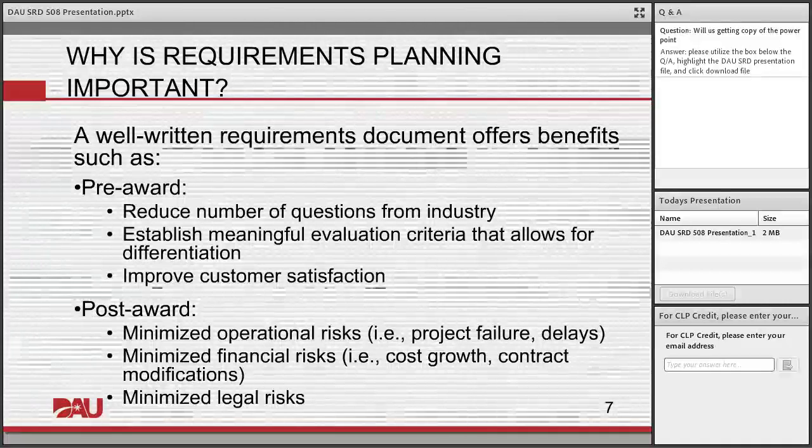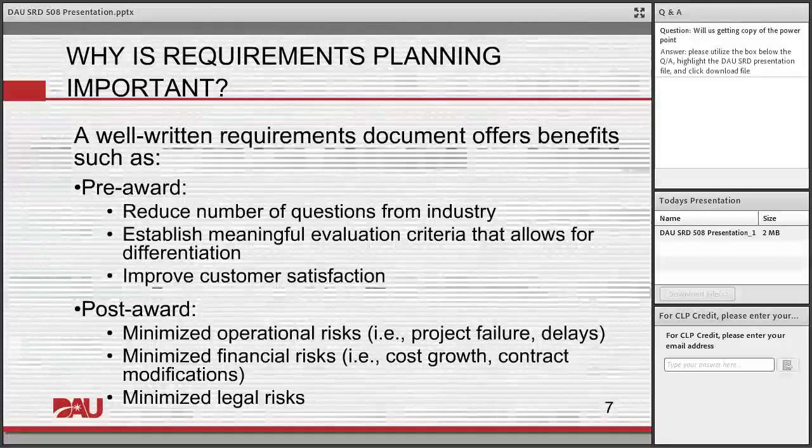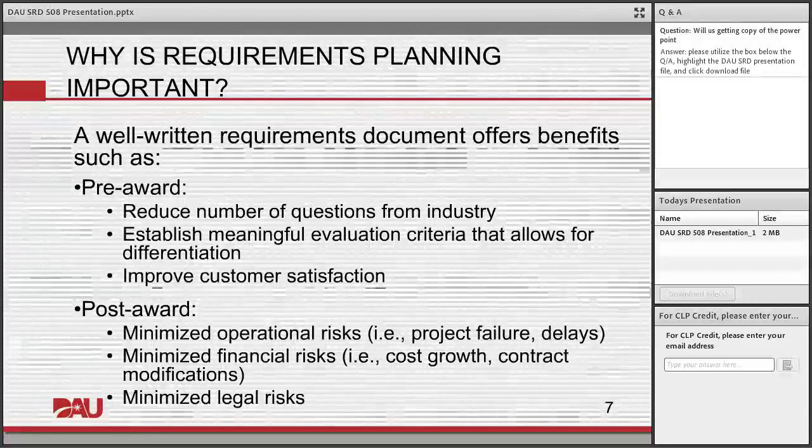So there are always ways that we can make things better and improve our package requirements. In a pre-award environment, a well-written requirements document will lead to fewer questions from industry when we put a draft RFP on the street, or even when we put out our formal RFP. The more questions that are asked, the more that is a direct correlation to how well we have defined our requirement to begin with. If we take the right people and the right time to develop the requirement as well as we can possibly get it, then we're going to have reduced questions.